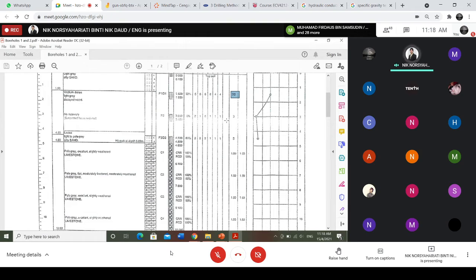Using this data, you can start designing your foundation, either deep foundation or shallow foundation. That's why I told you that subsurface investigation is important, the beginning part of the process before you proceed with your design.